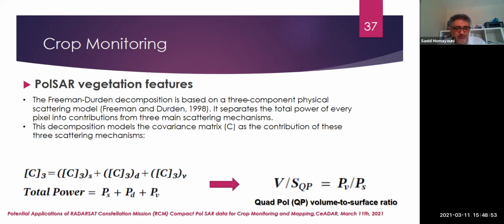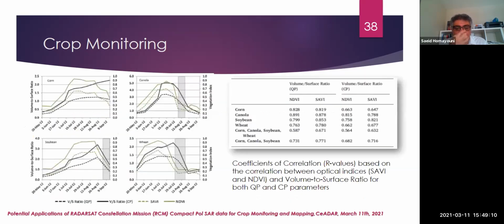It is a ratio between the volume scattering to surface scattering, so that can be used to model the amount of vegetation above the ground. So we found it useful and helpful, and we extracted this from all the data that we had for different crops. And as you can see here, we have added similar features from the optical data, NDVI and SAVI.